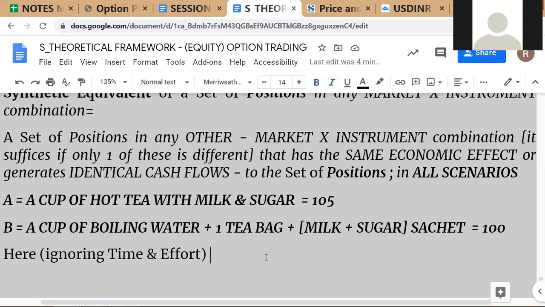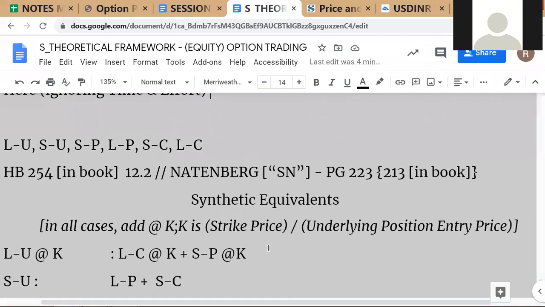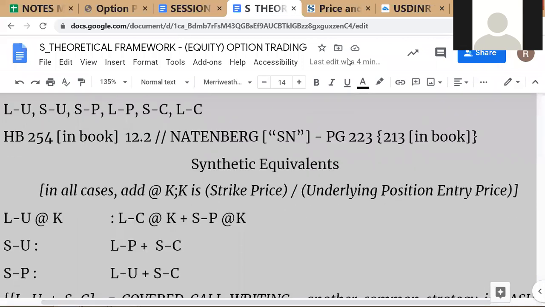Okay, so what you can do is you can refer to the Natenberg book, where we can now show you the book. Maybe we should just put it here.